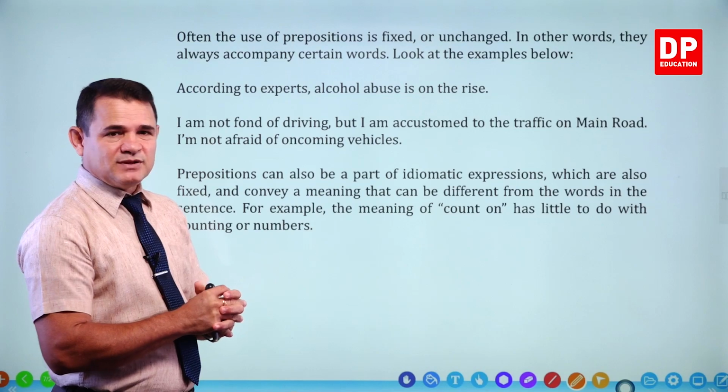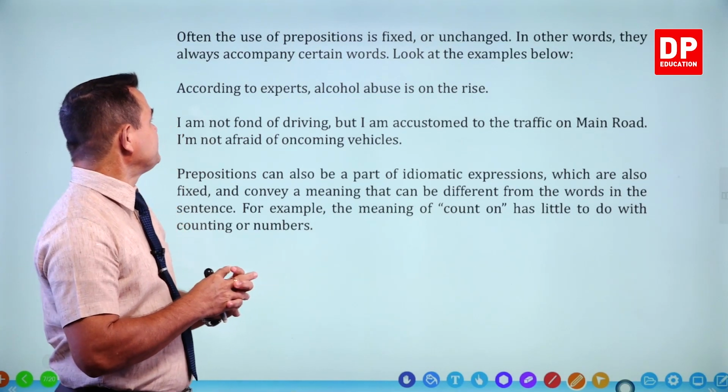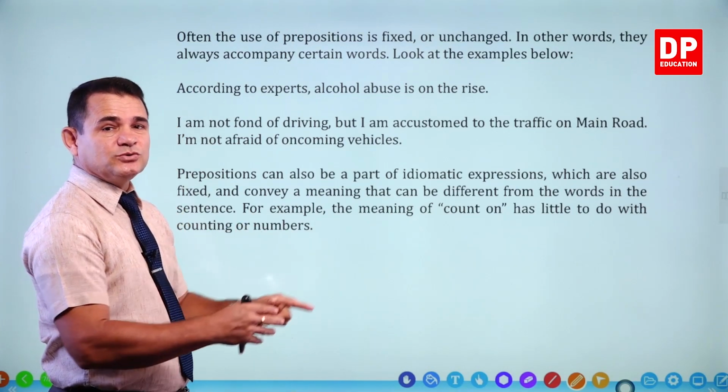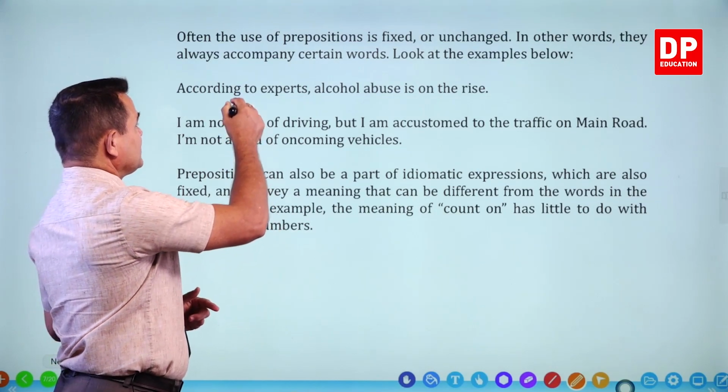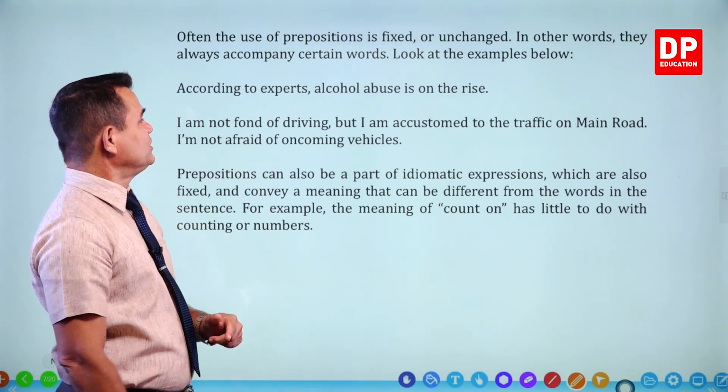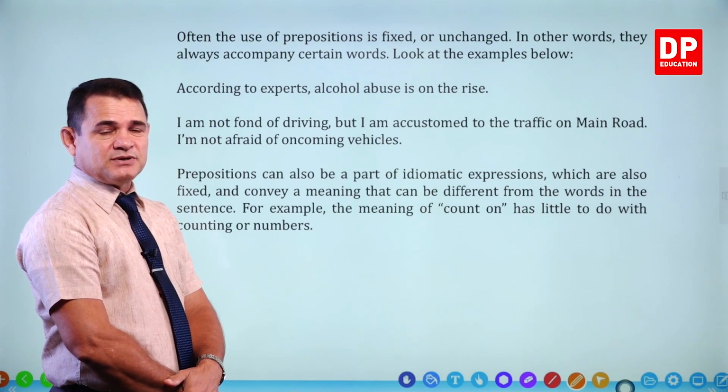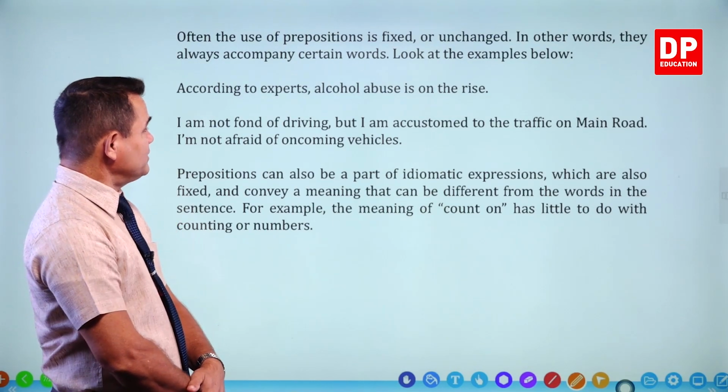Look at the examples below. බලන්න මෙන්න මේ වචන ටික. According to. According කියන එකත් එක්කම එනවා to. According to experts. Experts ලට අනුව.